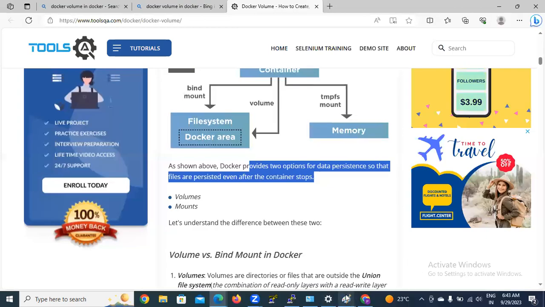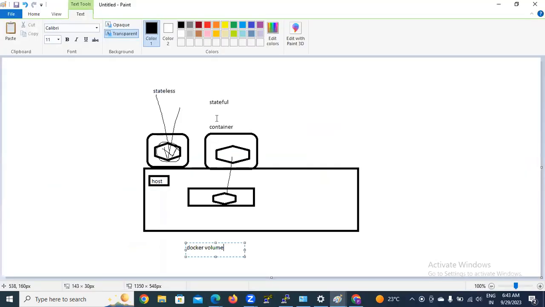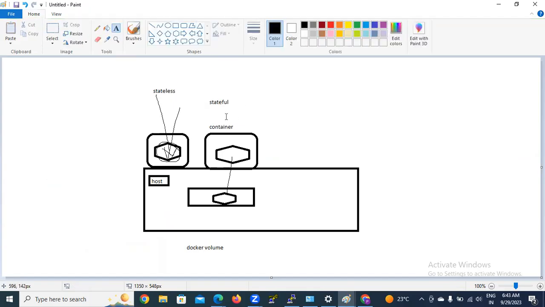As I have explained, previously in the stateless case, when rebooted the data it contained was deleted. For persisting the data, we attach a volume to the container, and when the container is rebooted, stopped and started, the data is not deleted.